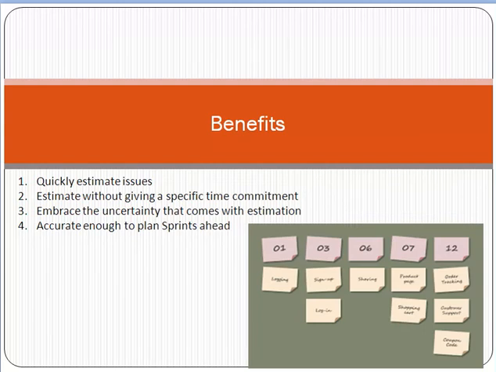The benefit of using story points is that, friend, we can estimate very quickly and easily. There is no specific concept of hours. Actually, there is a concept of complexity and difficulty, and these are accurate enough to plan sprints ahead. A sprint means a 3 to 4 week time period. So you can say, for example, in the sprint we have 5 stories which we have to implement, and each story has 2 story points, so that means 10 story points we have to implement.